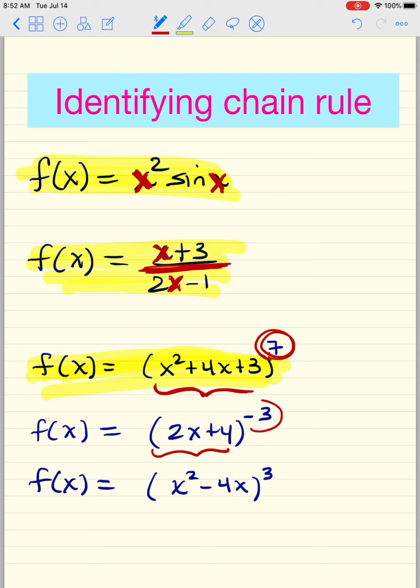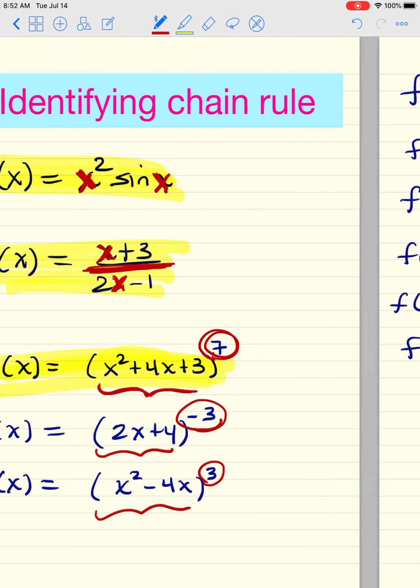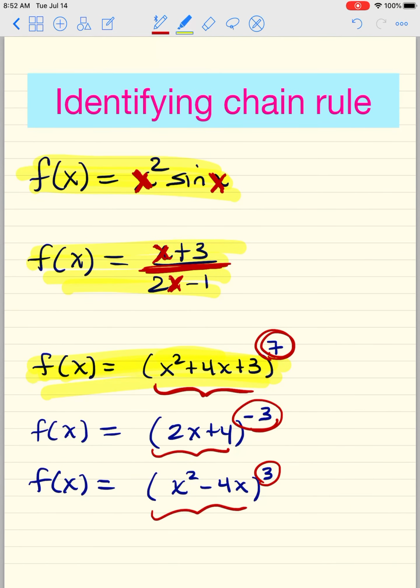You have a base to a power other than 1, anything other than 1. Now, these guys are also chain rule. In these examples, I showed you where we have basically a polynomial raised to a power. That power just has to be other than 1, and that will tell you to use the chain rule.